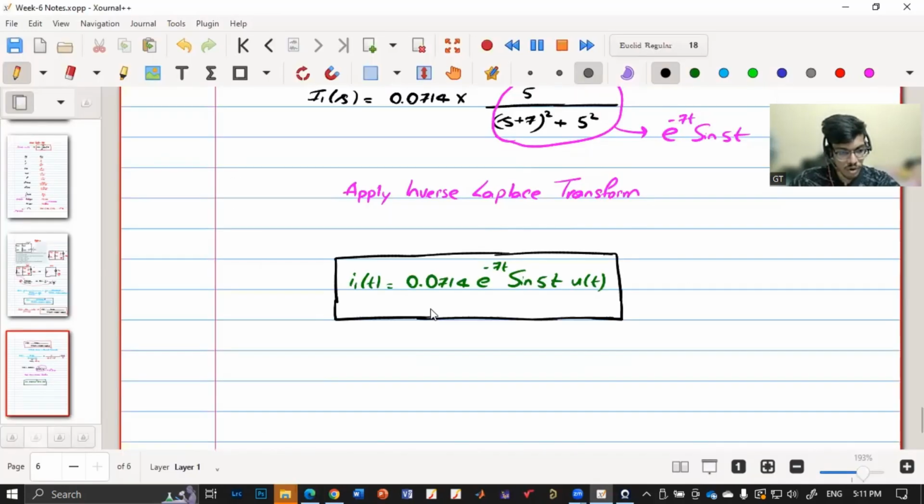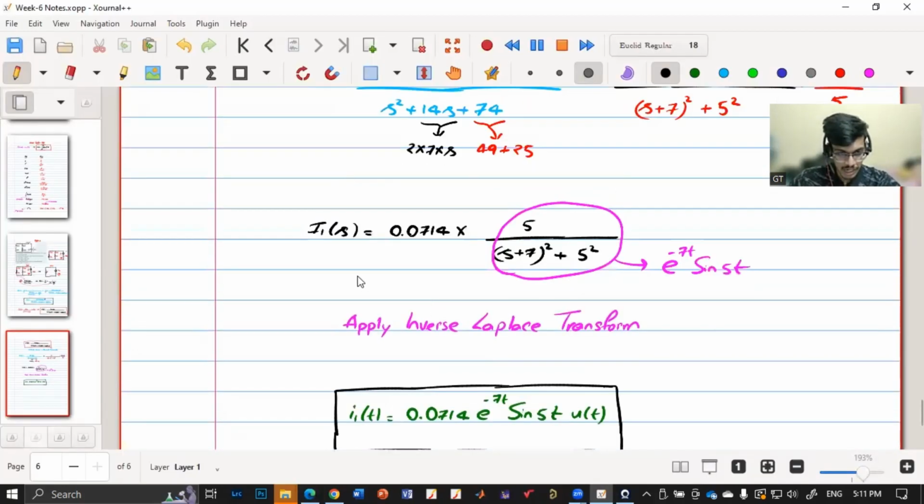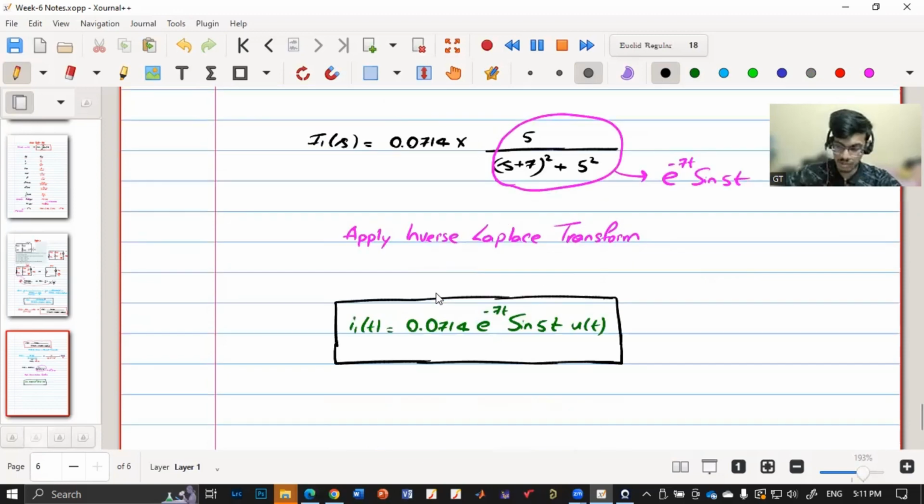So did you follow until this point how we have calculated I1 of S and applied inverse Laplace transform to get I1 of t? If you have any doubts, we may ask, else we'll go to I2 of t calculation. Any questions?